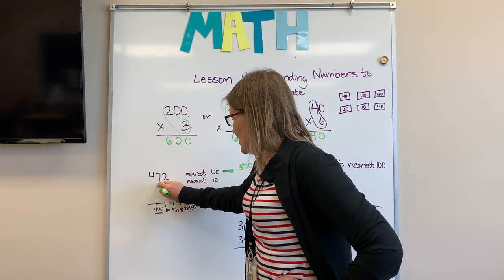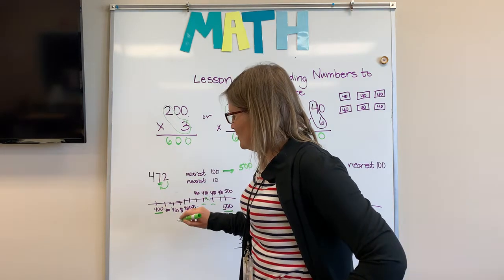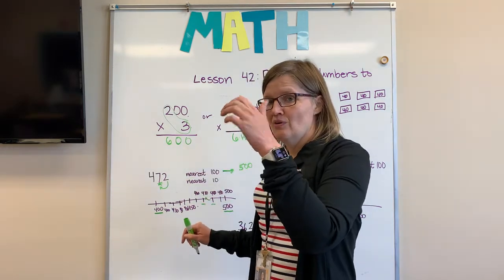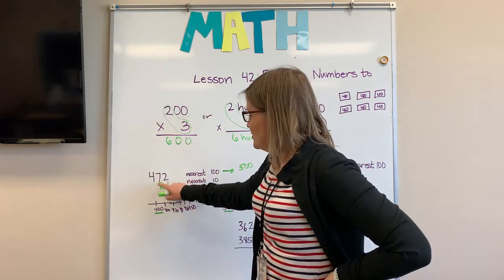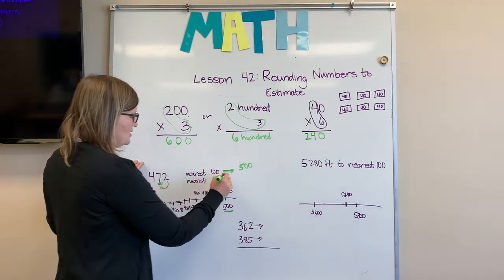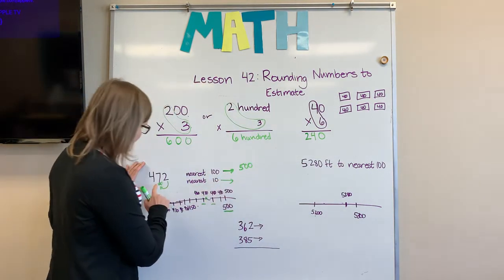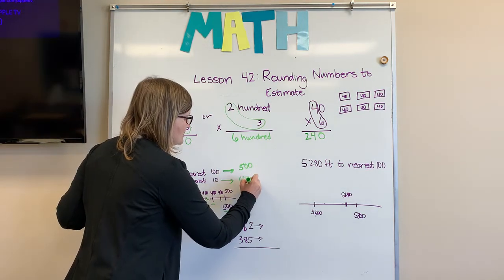We look at our 10, then we look next door and we say, what are we going to do? Are we going to go up or stay or go down? In this situation, we know that 472 rounded to the nearest 10 is going to be 470.